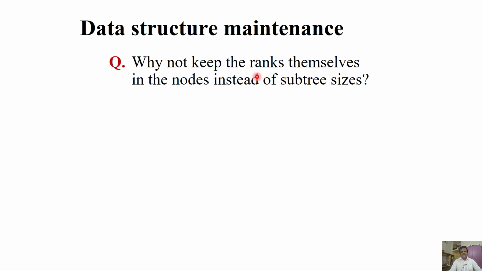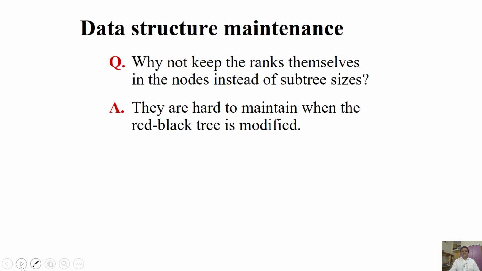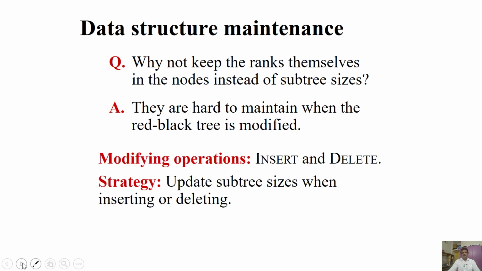But the problem is, if we store the rank in that extra field, then when we insert a minimum element in that set, the rank will change for all the elements, and that operation will cost us n time, because we have to change the rank of all n nodes. The same happens if we insert a maximum element. That is the problem with keeping the rank instead of the subtree size.